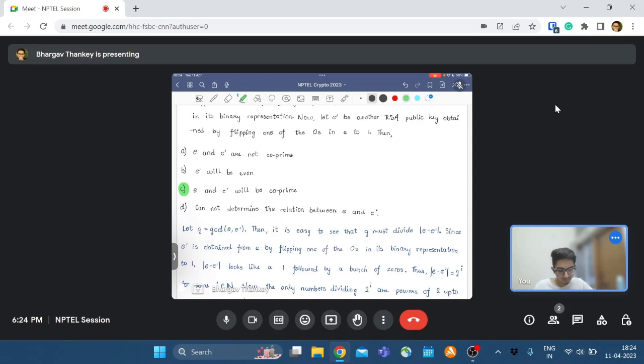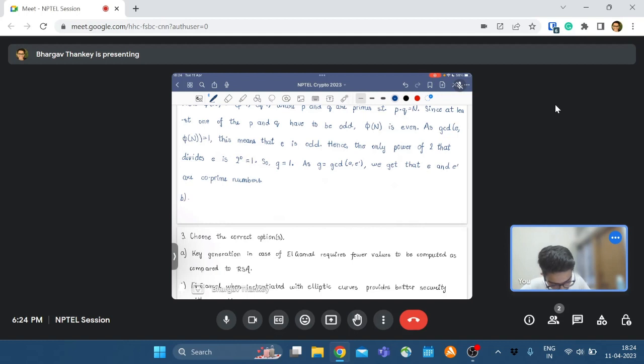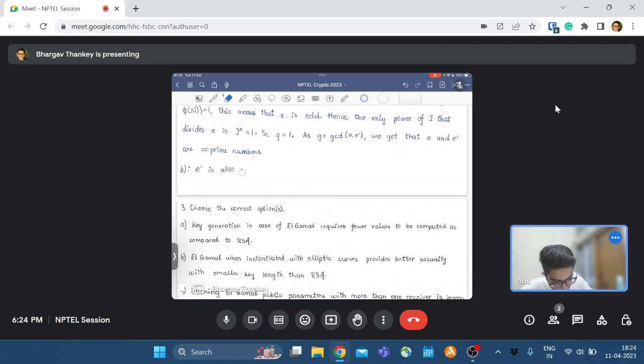What about option B? E prime is also part of an RSA public key (N, E prime).